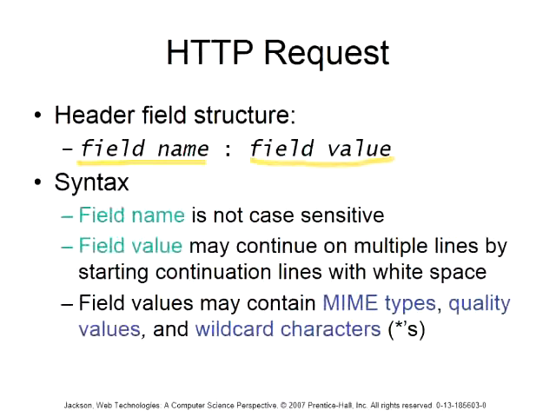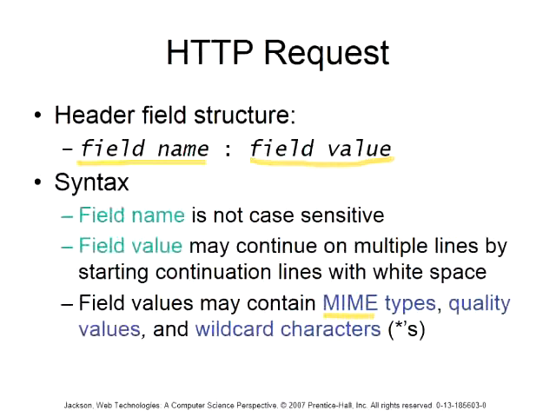Field name is not case sensitive, and field value may continue on multiple lines by starting continuation lines with white space. And field values may contain MIME types. So MIME is the abbreviation of multipurpose Internet Mail Extension.